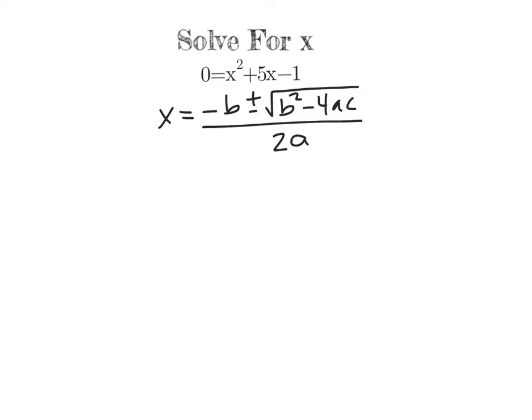But when it doesn't work that way, we know we're going to be getting some irrational numbers or weird decimal solutions. So, when you're solving this problem, you first want to identify your a, b, and c, right? A equals 1 in this case, because we have a 1x squared. We have ax squared plus bx plus c. So a is 1, b is positive 5, and c is negative 1.